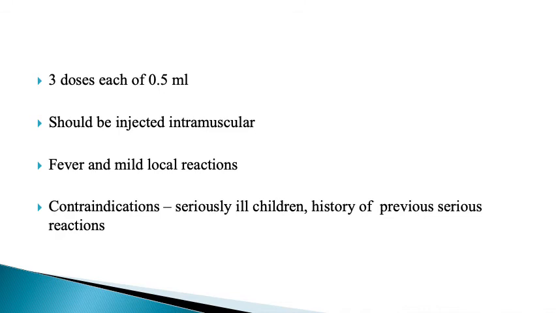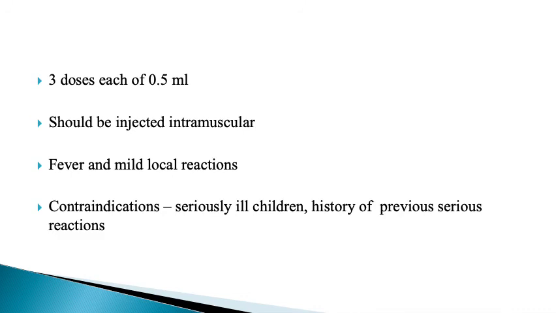There may be minor AEFIs like fever and mild local reactions, which are very common in children. And the most severe complications may include neurological, like encephalopathy, prolonged convulsions, infantile spasms, and Reye's syndrome.